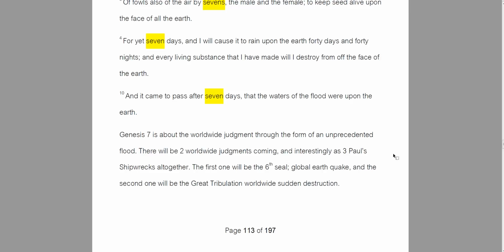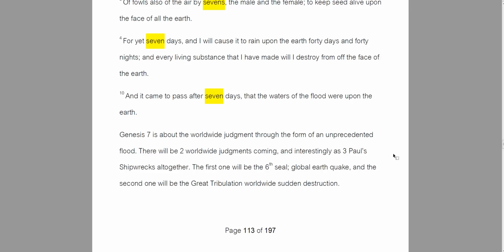Well, if you read it through slowly, if you try to identify identical verses or identical verses with similar meanings, it's very interesting because it kind of talked about the worldwide flood twice.